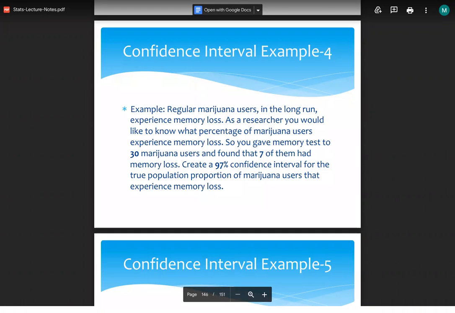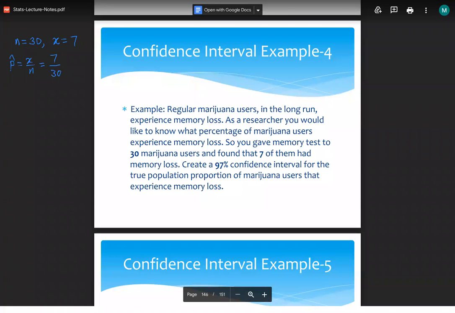So let's collect the information. Your sample size n is equal to 30 because you gave the memory test to 30 people, and your x, people with memory problems, was 7. So your p hat is going to be x over n, which is 7 over 30, right?